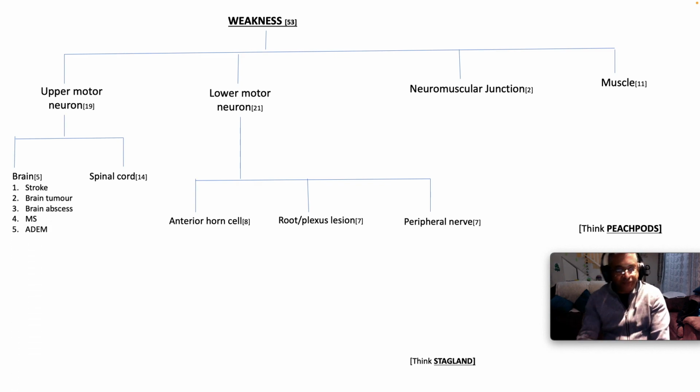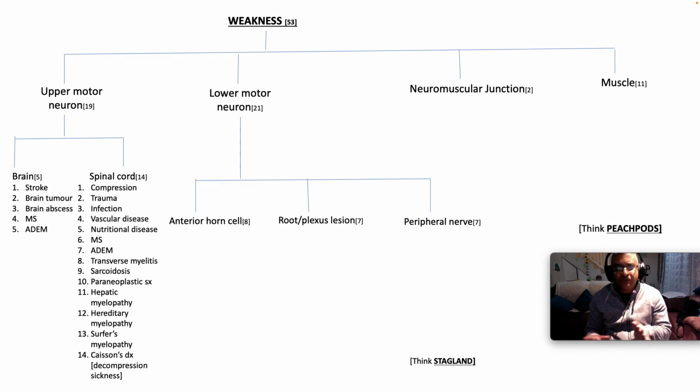Okay, so headline causes of upper motor neuron lesions coming from the brain classically are cerebrovascular accidents, a brain tumor or space-occupying lesion, brain abscess, multiple sclerosis, and ADEM, which is acute disseminated encephalomyelitis. Spinal cord, there's a whole truckload of causes, guys.